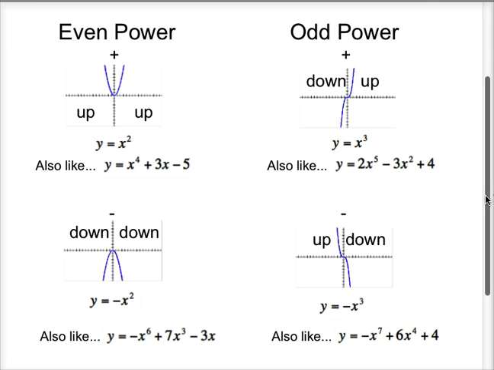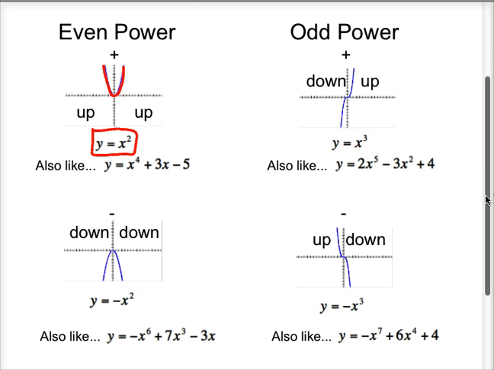So, y equals x squared, you know that basic shape. I want you to think that that is an even power, and the leading coefficient is positive. The x squared has a positive term in front of it.